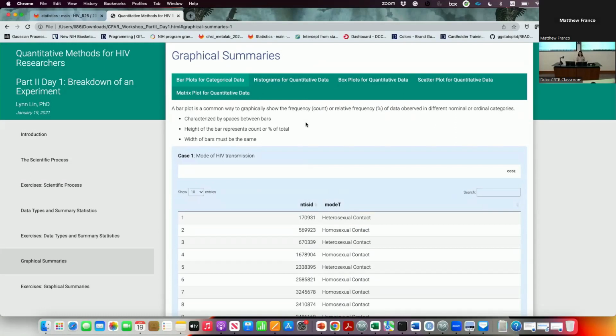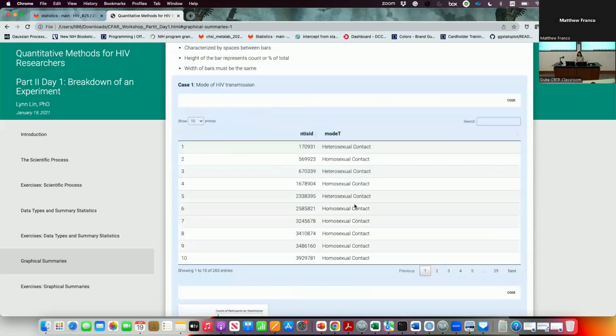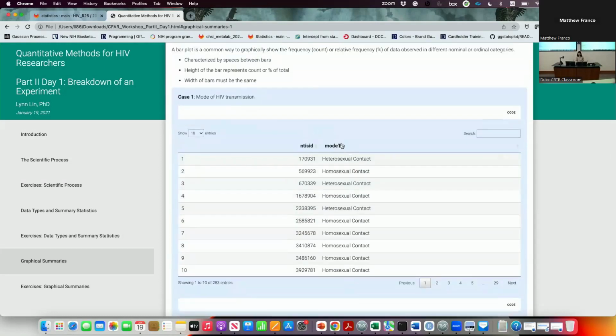So the count or the frequency. For example, in the entire sample, are more than 50% of people male and fewer female, etc. So here, for example, this is the mode of, I guess, treatment, or something.